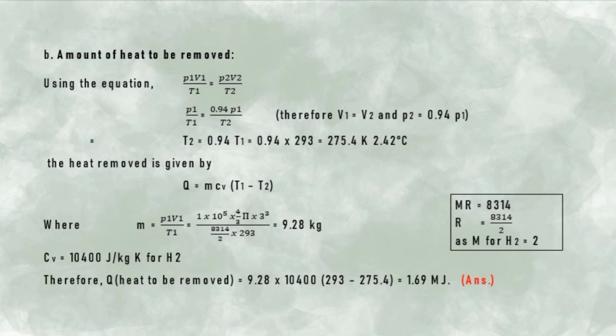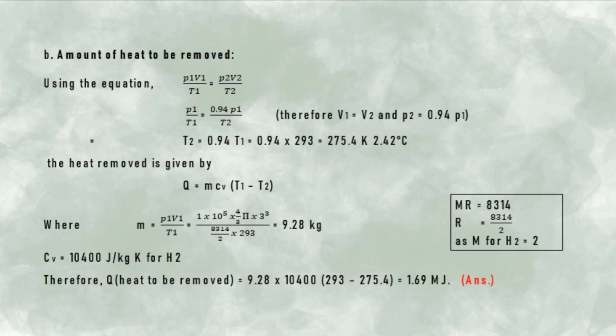Therefore, the initial volume equals the final volume, and the final pressure equals 0.94 P sub 1. Then our final temperature is 0.94 times 293, we have 275.4 Kelvin, and converting to degrees Celsius, we have 2.42 degrees Celsius. That's an error, I'm very sorry.